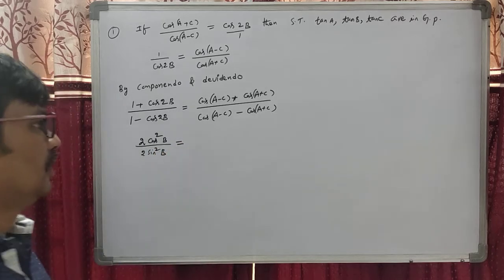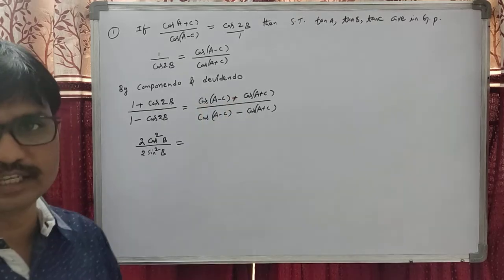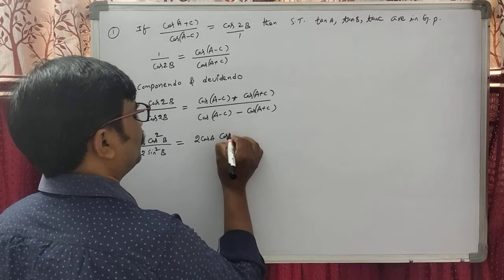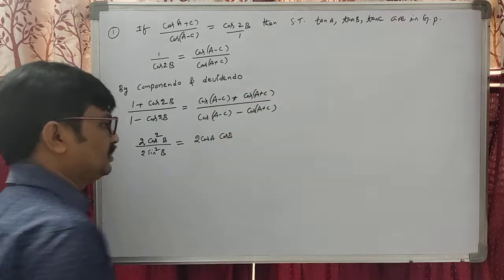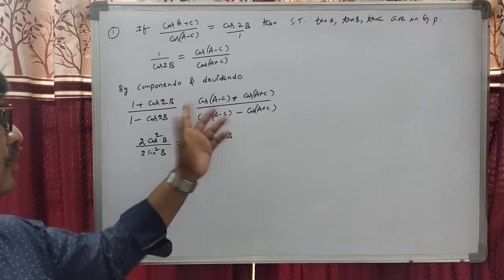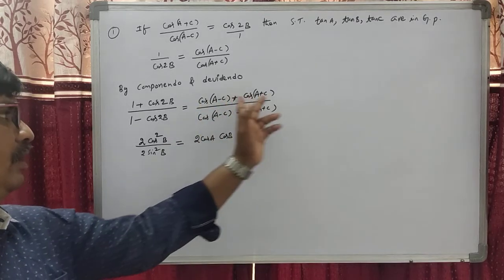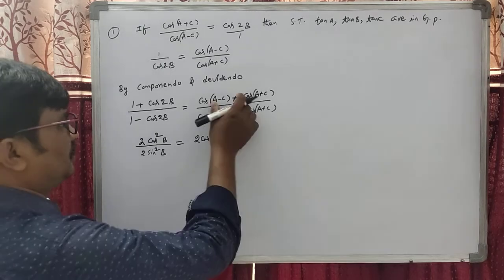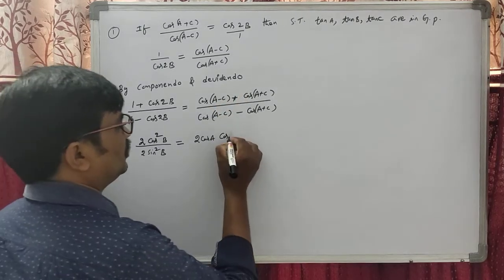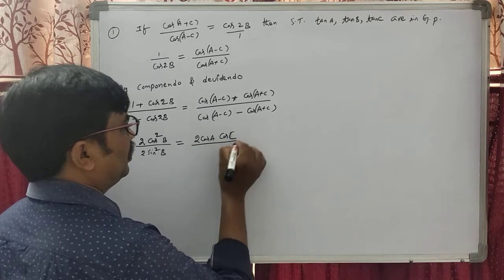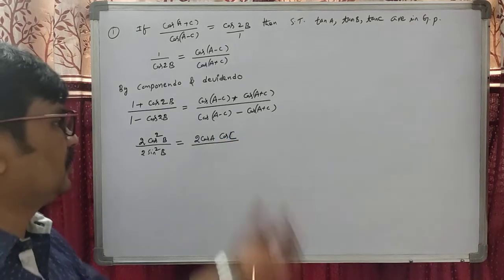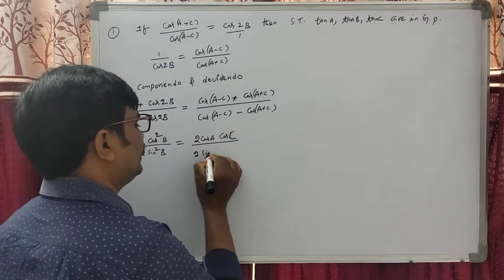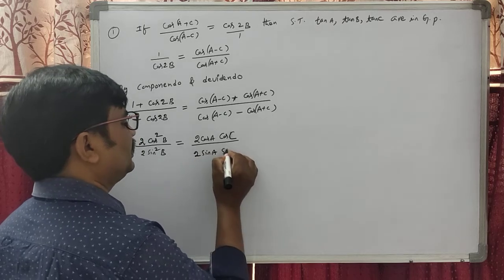Now, cos(a+b) plus cos(a-b) is of the form 2 cos a cos b. Applying the same, the sine terms cancel: cos a cos c plus cos a cos c is 2 cos a cos c, upon cos(a-c) minus cos(a+c), which is 2 sin a sin c.